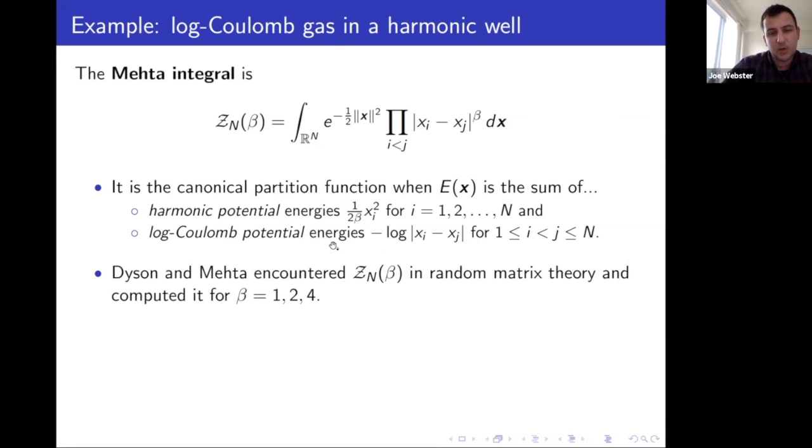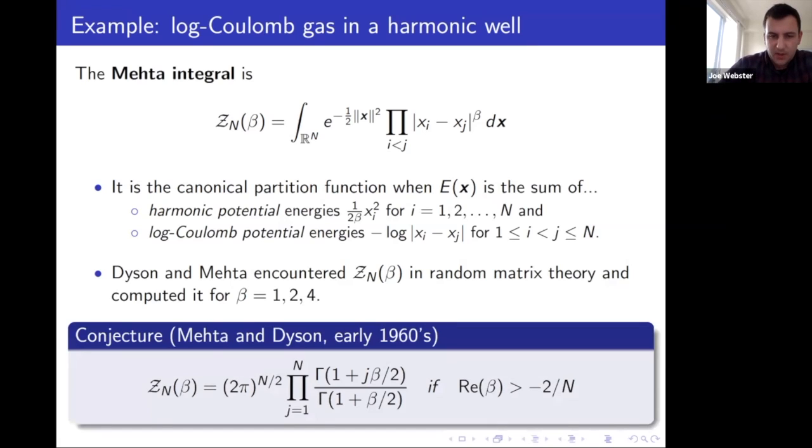So in particular, when beta equals 1, this density function tells you how the eigenvalues are distributed for the Gaussian orthogonal ensemble. When beta is 2, it becomes the unitary ensemble. And when beta is 4, it's the symplectic. Now, I'm not going to get too much more into random matrix theory. I just wanted to take a moment to say where it gets its name and how it's been studied before.